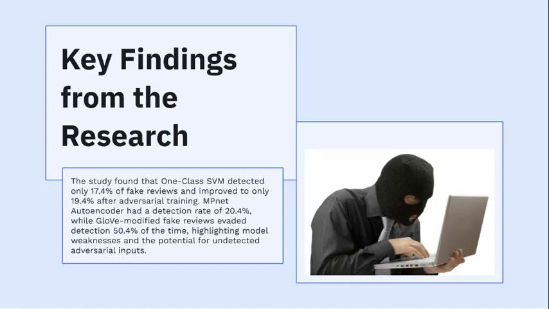So now we take some of the fake reviews from the 17.4 and 20.4, which were identified as fake by the detectors. We try to modify them using GloVe. Once we modified them using GloVe, almost 50% of the modified fake reviews evaded these detectors at the previously set thresholds.